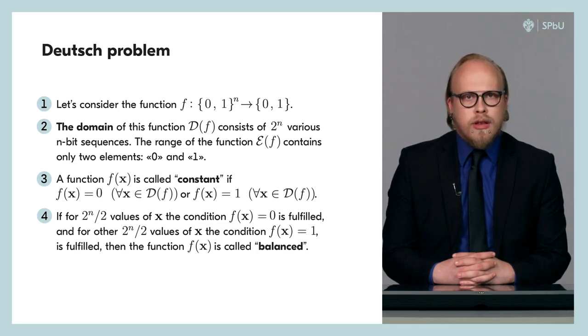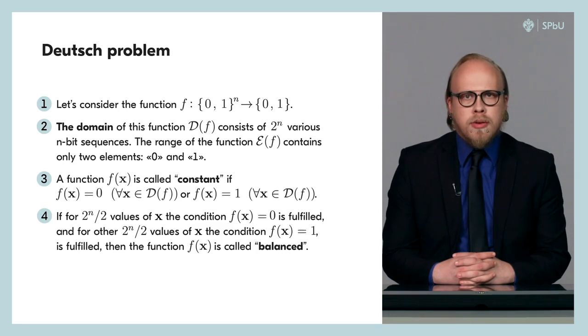If for two values of the argument the function f takes the same value, then such a function is called constant. If for each value of the argument the function f takes different values, and f of 0 is not equal to f of 1, then the function f is called balanced.